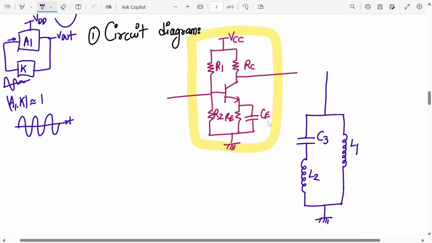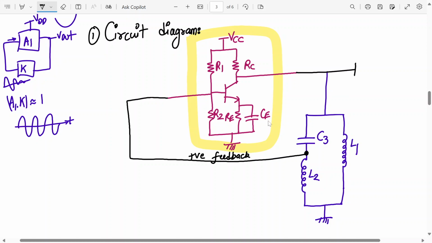And the feedback signal is from here to here, like this. So this is providing the positive feedback. Okay, this is the feedback signal. Let's complete the circuit. You can have a capacitor over here and this is my output. This is CO, plus minus V out.